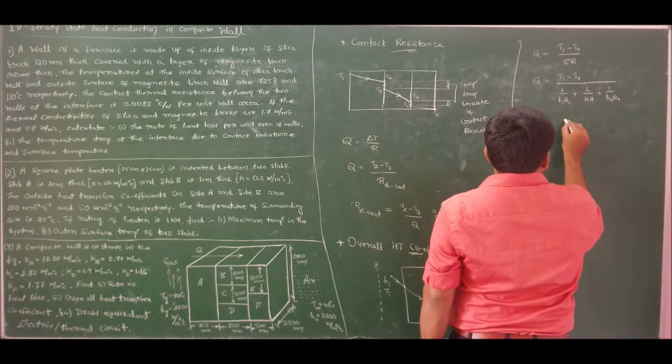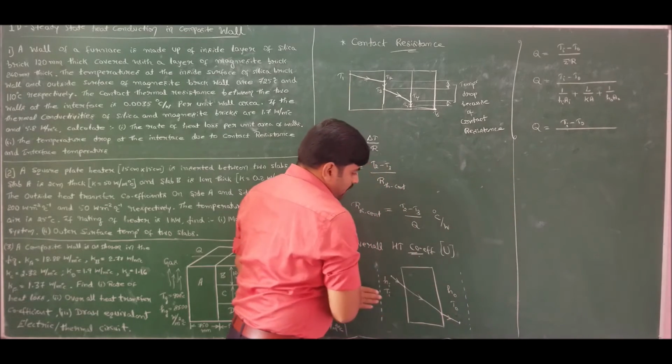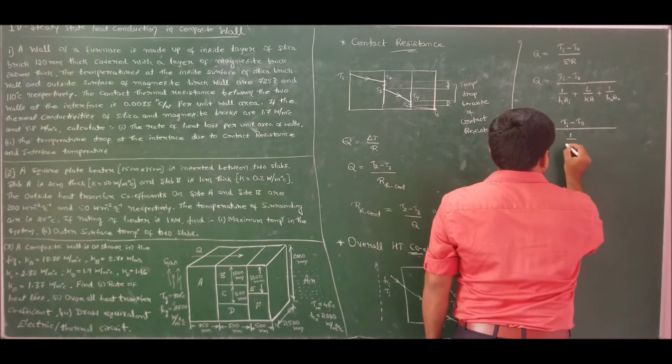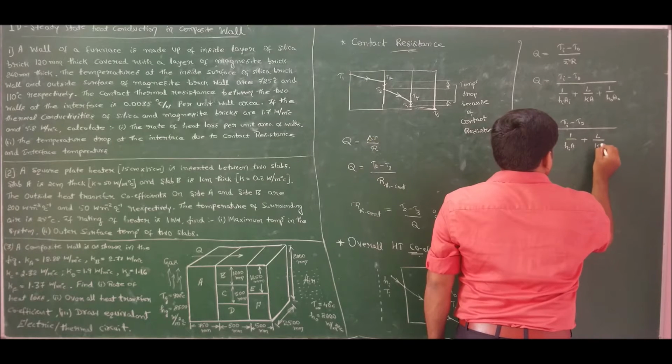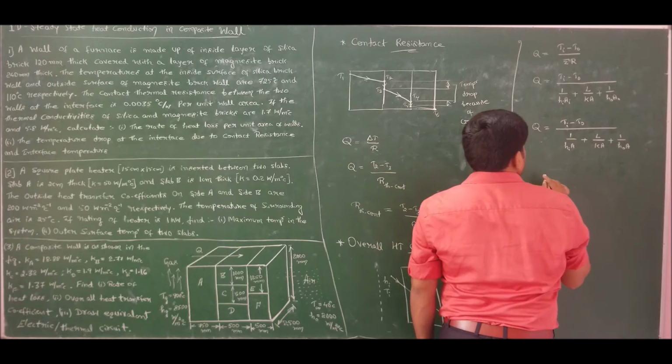So therefore, I can write this as Ti minus T0, since the surface area in contact with the fluid and the area perpendicular to the direction of heat flow are the same. So this can be written as 1/HiA + L/KA + 1/H0A.